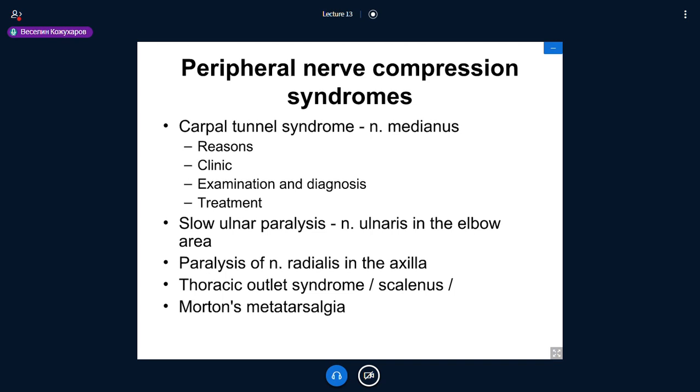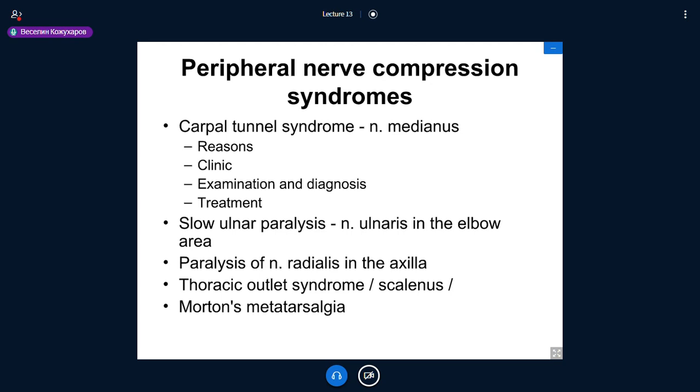Diagnosis is usually clinical, and the treatment is most effectively performed by steroid injection, which relieves symptoms in a few days, and there is no necessity for surgical decompression.